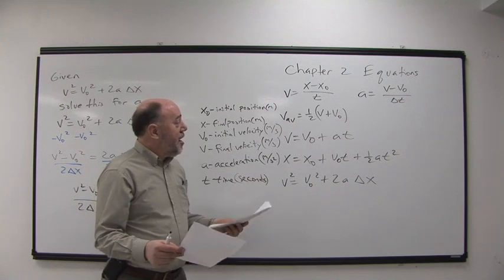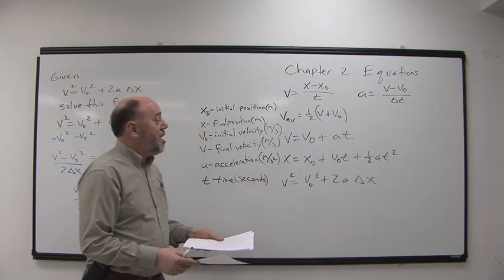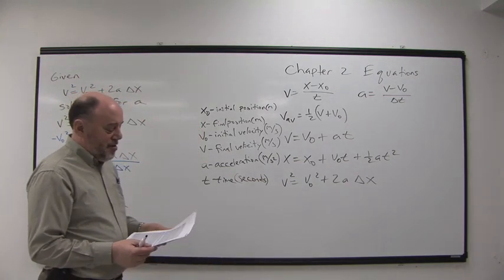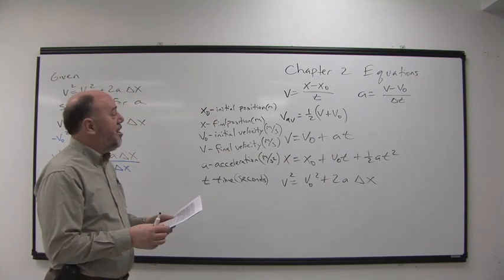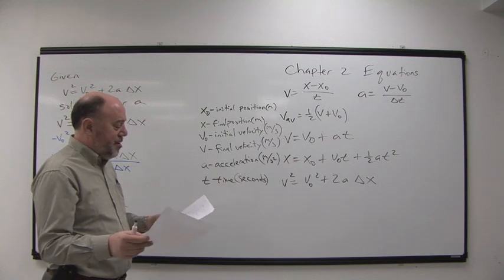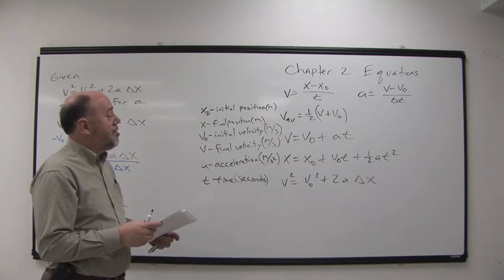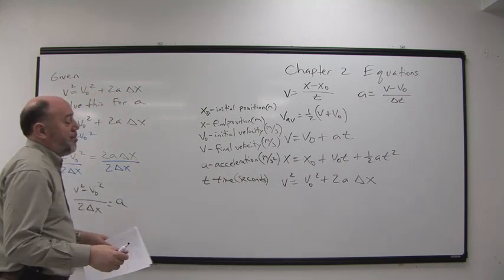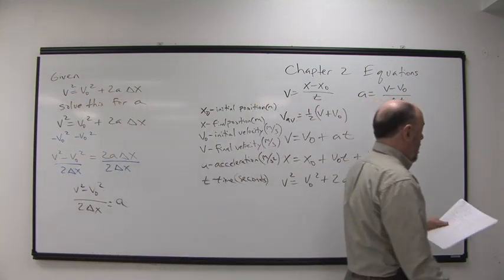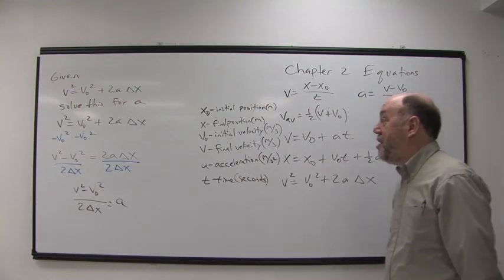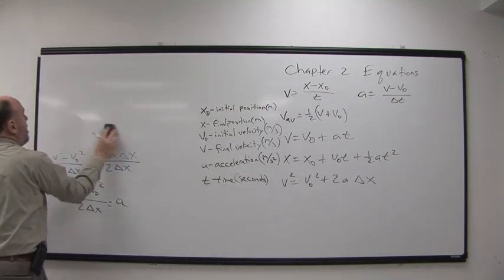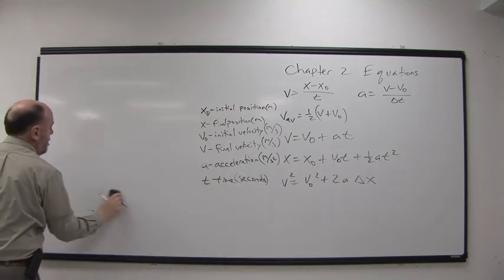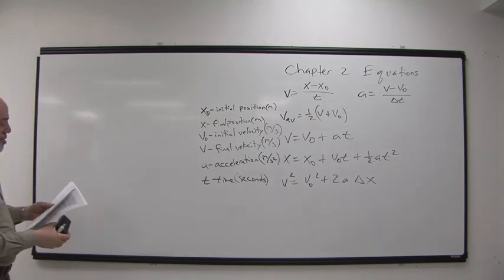In your book, and also in the notes from this lecture, you'll find a multi-step approach as to how to solve a problem. We'll be using that to go through some questions. This first question comes from your book, chapter 2, problem number 12.